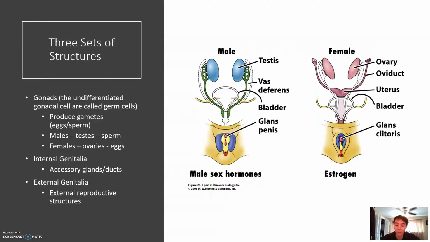The internal genitalia are made up of the accessory glands and ducts that connect the gonads with the external environment. And finally, the external genitalia are the external reproductive structures. So here we can see on the right an image of male and female structures where you can see the testes are the gonads of the male system and the ovaries for the female.